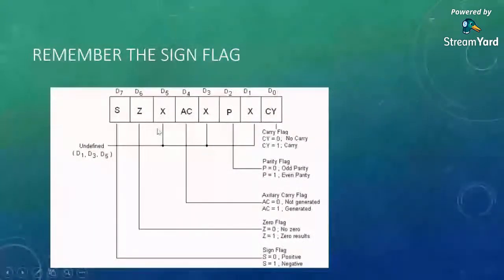And then we have a zero flag, which indicates whether the data is all zero.